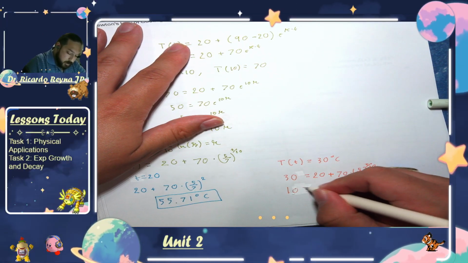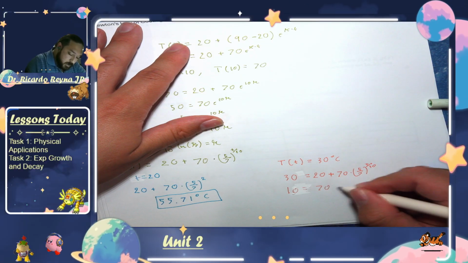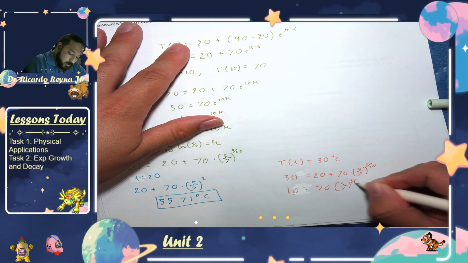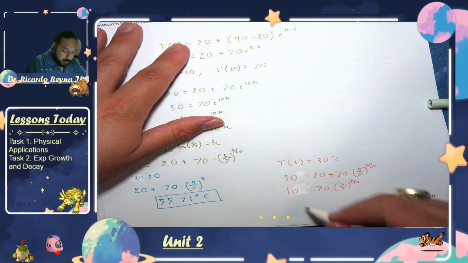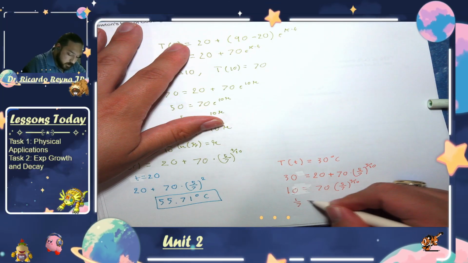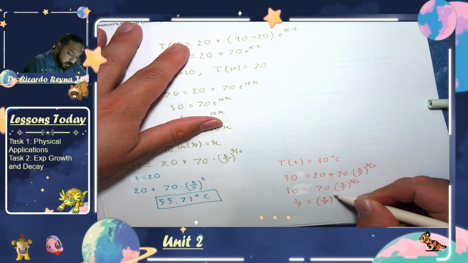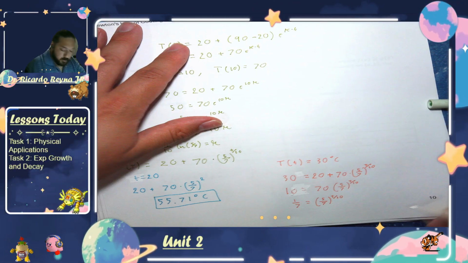So 10 is equal to 70 times 5 over 7 to the t over 10. Divide by 70, we get 1 over 7 is equal to 5 over 7 to the t over 10.